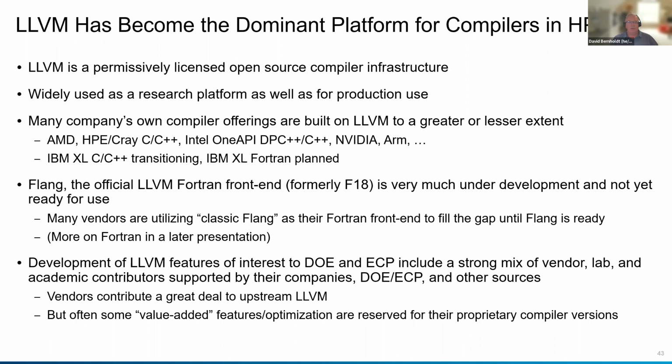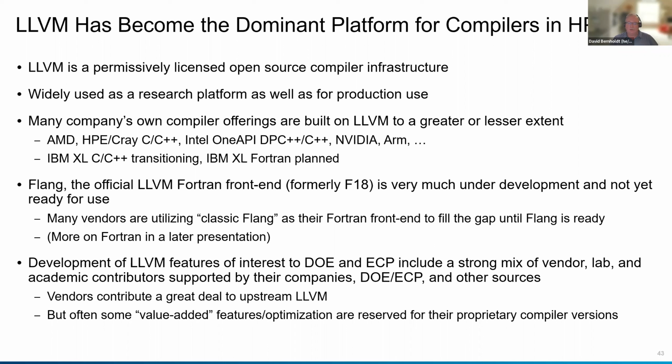So anybody who's currently providing an LLVM-based Fortran implementation is probably using classic Flang, which is based on the PGI Fortran front end, which was open sourced some years back. But work continues on the new Flang to take that over and replace it.